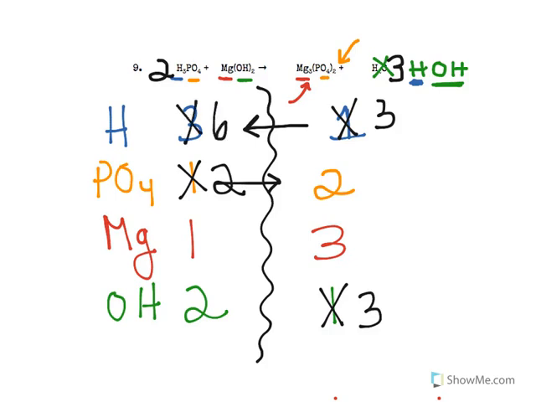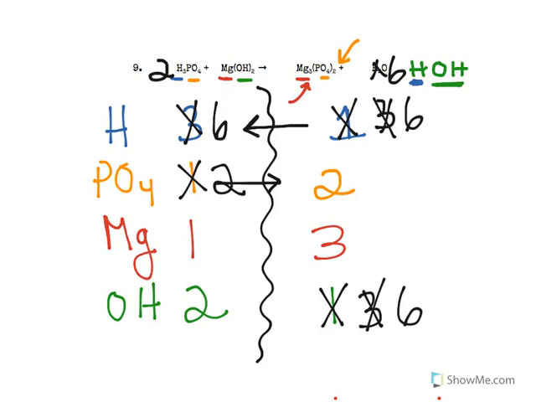Okay, that's fine. I can undo that by changing this coefficient into a 6. That also changes my blue hydrogens to a 6 and my green hydroxides to a 6.